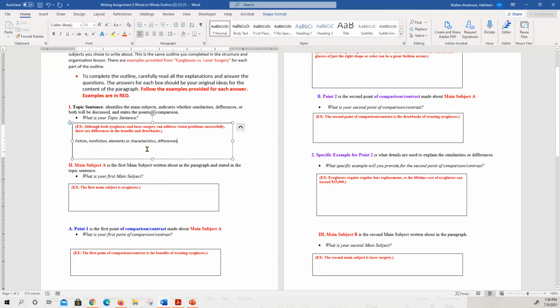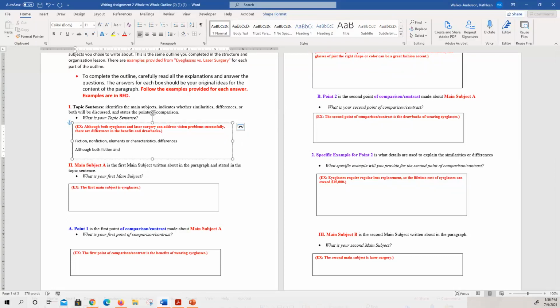Right now, I can't just put these words up here. I have to write a topic sentence. And what you can do is just follow the structure of the example sentence if you want to. So, for example, although both fiction and nonfiction, now I have to think of something that's similar about them. So, although both, and I'm just following the structure of that example sentence. You can do that, that's perfectly fine.